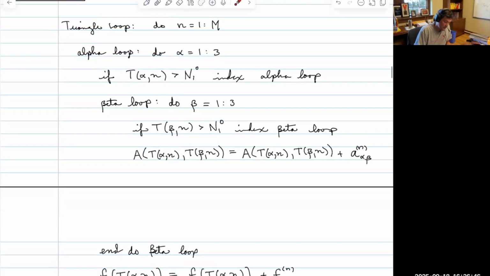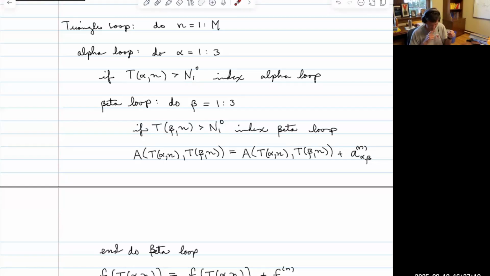Now, if I haven't indexed these two loops, then that means I'm in a triangle where the alpha degree of freedom and the beta degree of freedom are both less than n10, so they're both interior nodes.